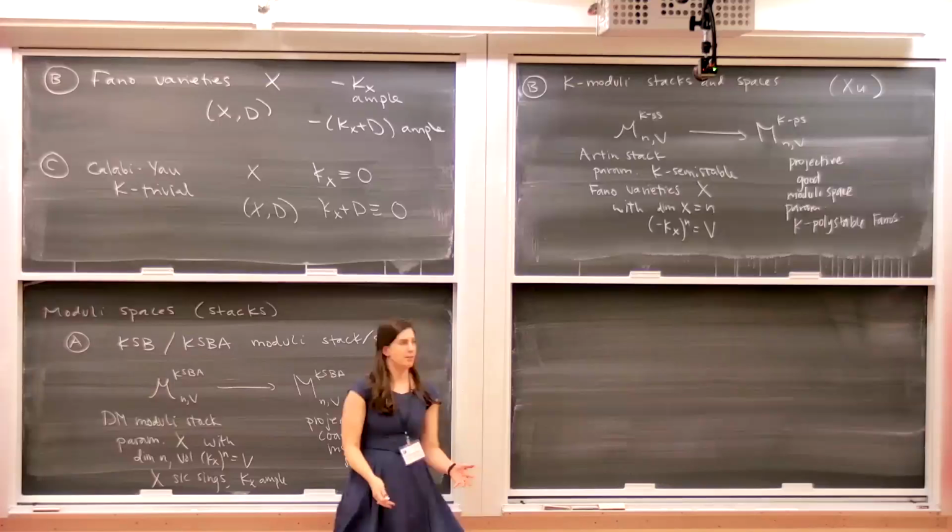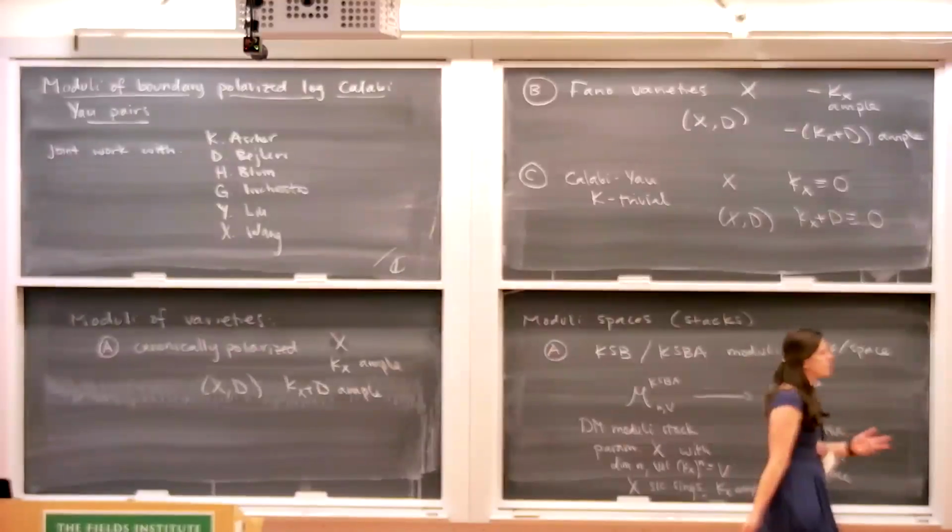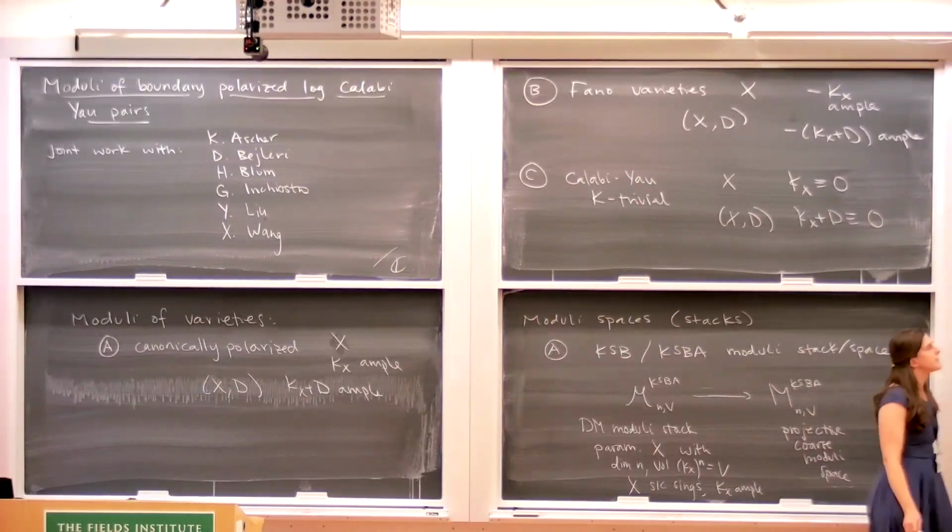Most of the K-moduli theorem, namely the existence of this moduli space and this moduli stack, is very recent. The properness was 2021, 2022. Most of this theorem is very recent.